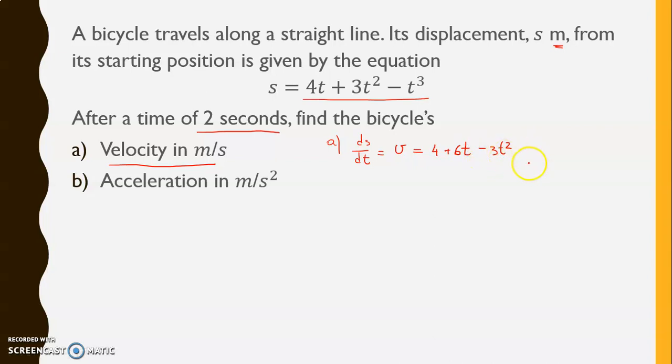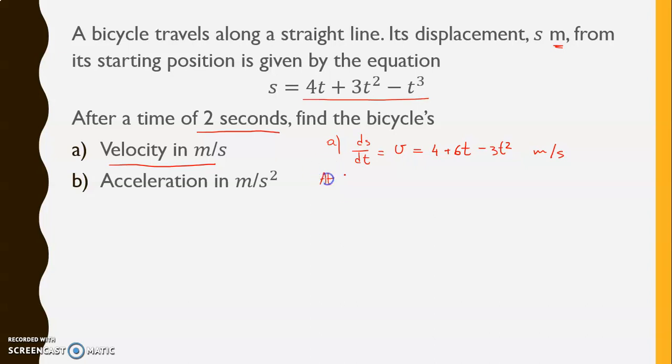So that's the velocity, and velocity is measured in meters per second, in the direction from the starting point, so moving away from the starting point. Now we don't just want the velocity, we want the velocity after 2 seconds, which means that we want the velocity when t equals 2.